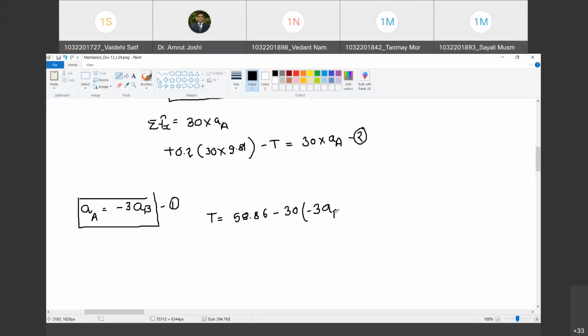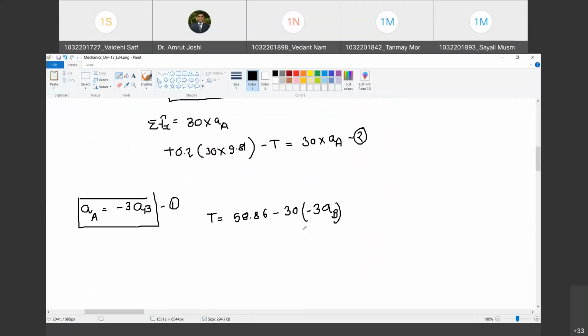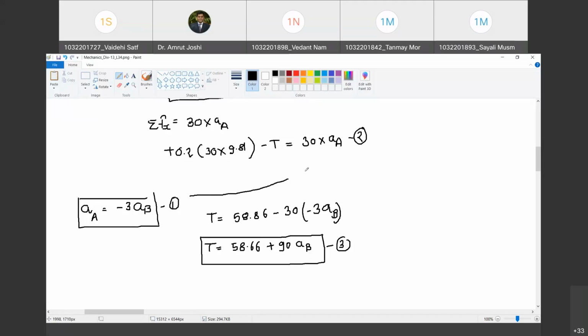So I get T is equal to 58.86 plus 90 times AB. This I am going to call equation number 3. Equation number 3 has been derived by combining equations 1 and 2.